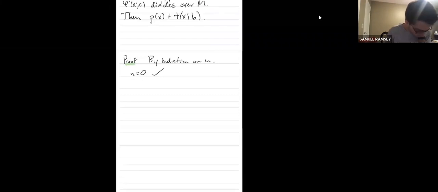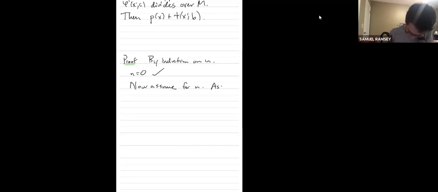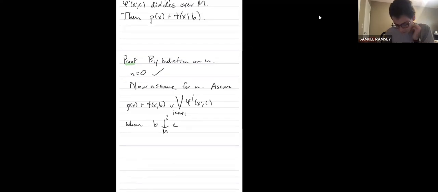Okay, so where are we? Now we assume for n. And what we will do is we will assume that Px implies Cxb, or a disjunction over i less than n plus 1 of phi i x c, where we assume that B is invariant independent with C over M. Recall that means that the type of B over MC extends to a global M invariant type.